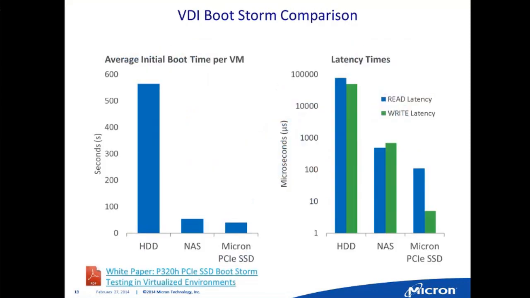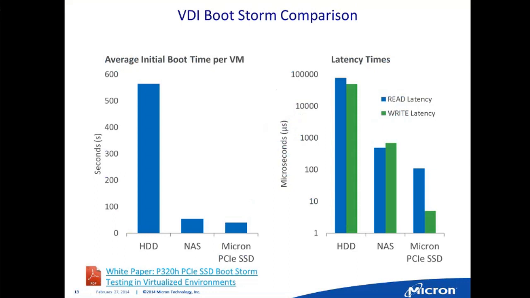So if you're talking latencies and average boot time per server, you can see that storage has been the bottleneck, and it will continue to be as long as the focus is around the concept that I have to use hard drives because the dollar per gigabyte is so much better. And a lot of the conversations around storage as you get into virtualized environments is why I can't afford to put too much SSD, or I can't get enough SSD because the costs are too high.